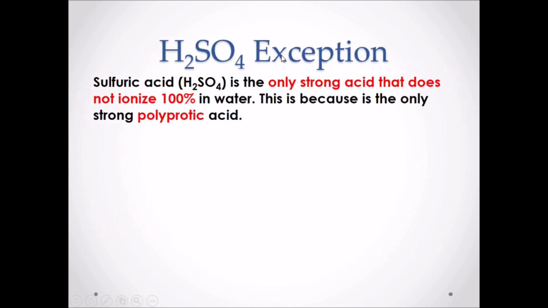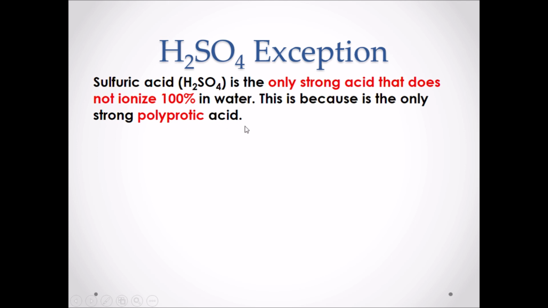There is one exception to strong acids, and that is H2SO4. Sulfuric acid is the only strong acid that does not ionize 100% in water. That is because it is the only strong polyprotic acid.